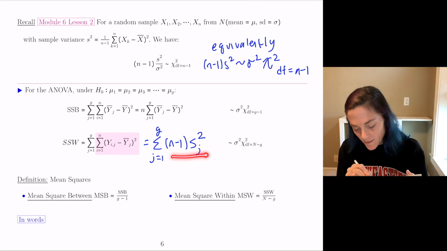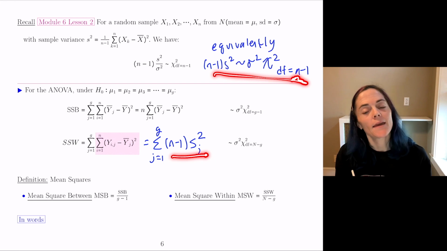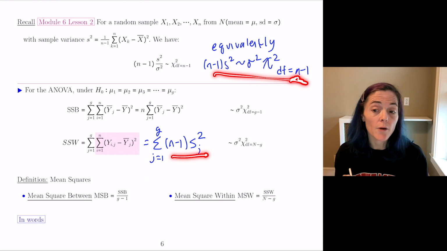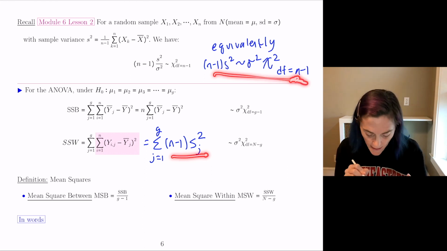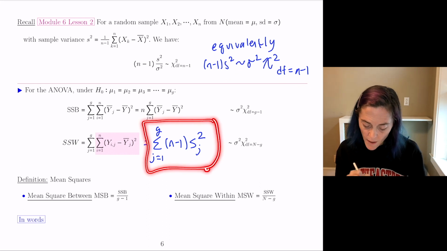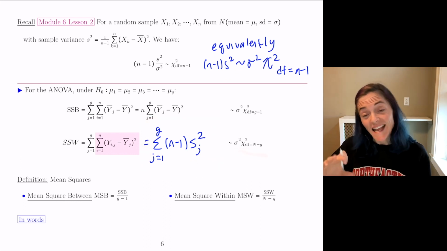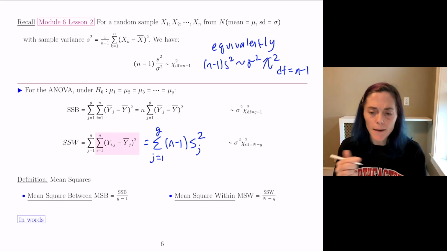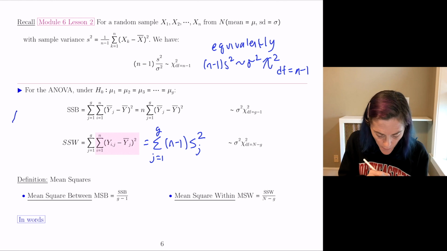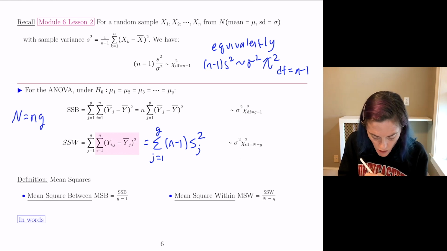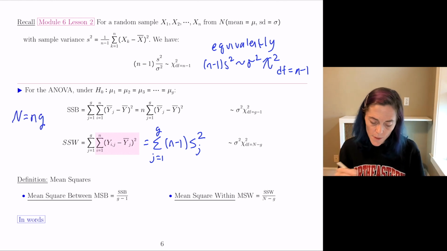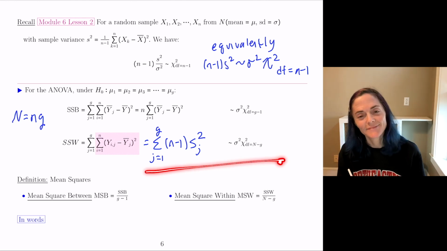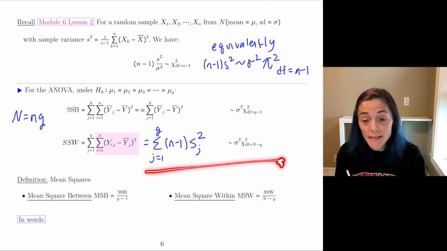What we see is for each j, we have sigma squared times a chi-square random variable with n minus 1 degrees of freedom. Then you add all of those random variables, it's another sigma squared times a chi-square random variable, and the degrees of freedom add. Here, recall that capital N is little n times g.